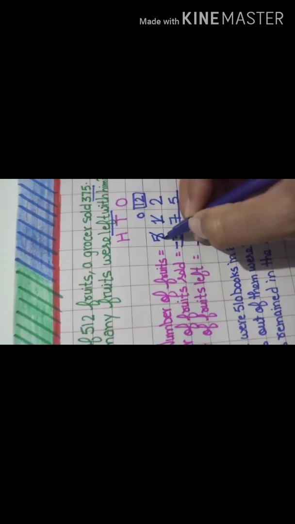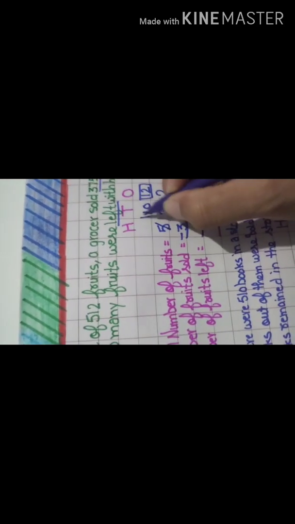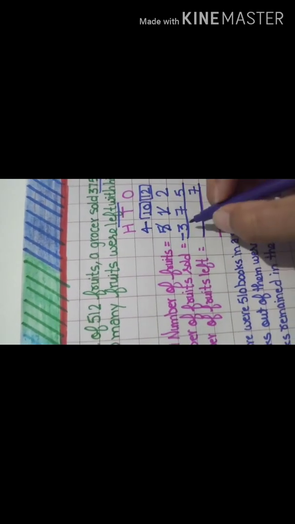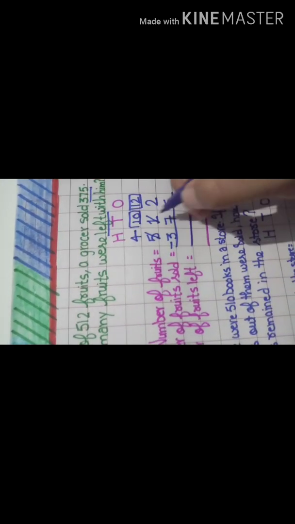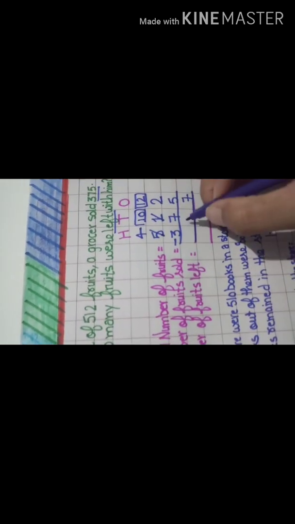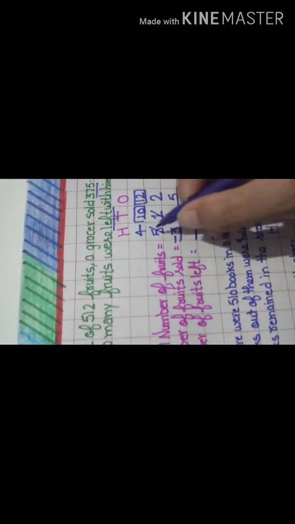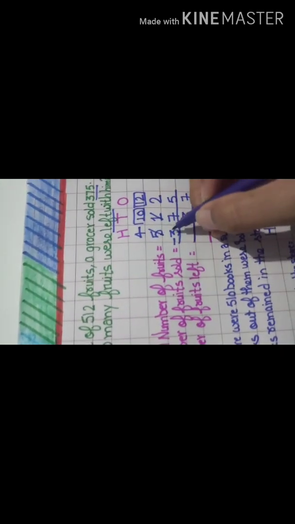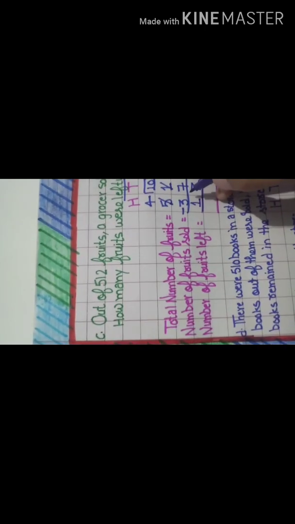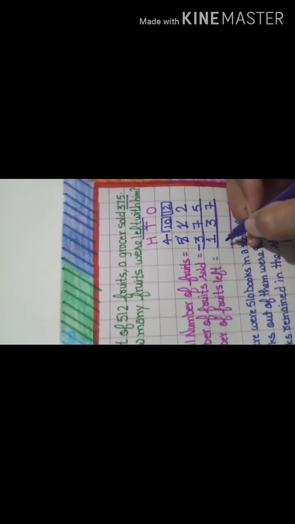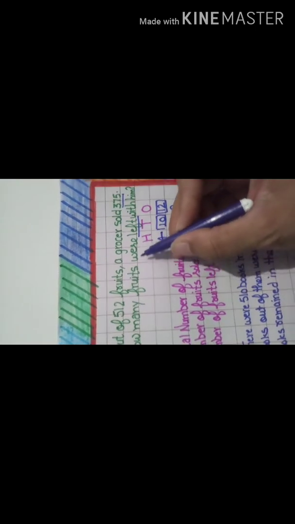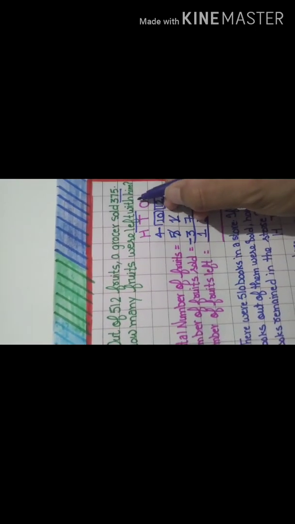We will take 1 from this. Now it is 10 and here it is 4. So easily we can subtract 7 from 10. Yes, 10 minus 7 is 3. And here is 4. 4 minus 3 is 1. So the answer is 137. It means 137 fruits were left with him.